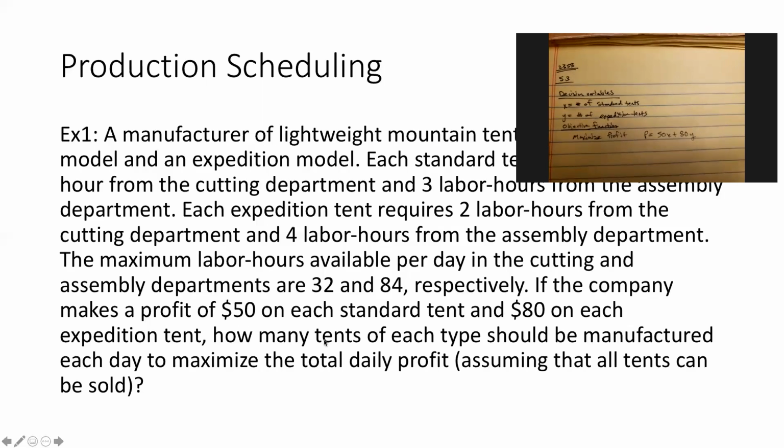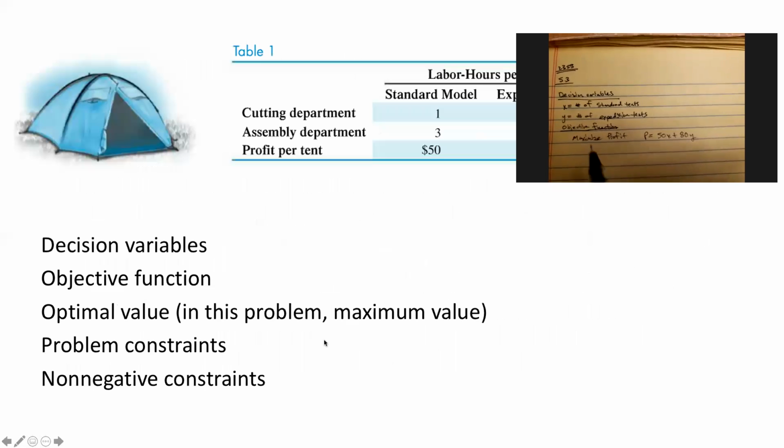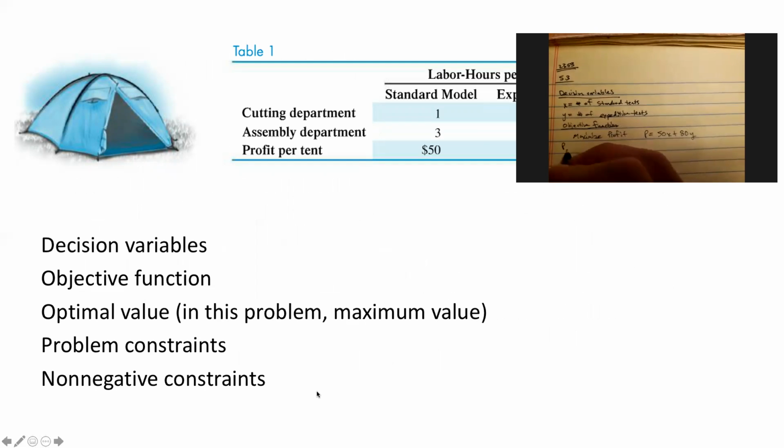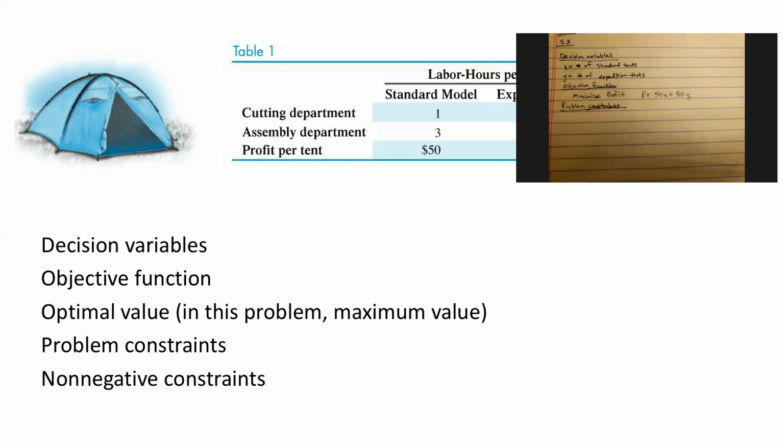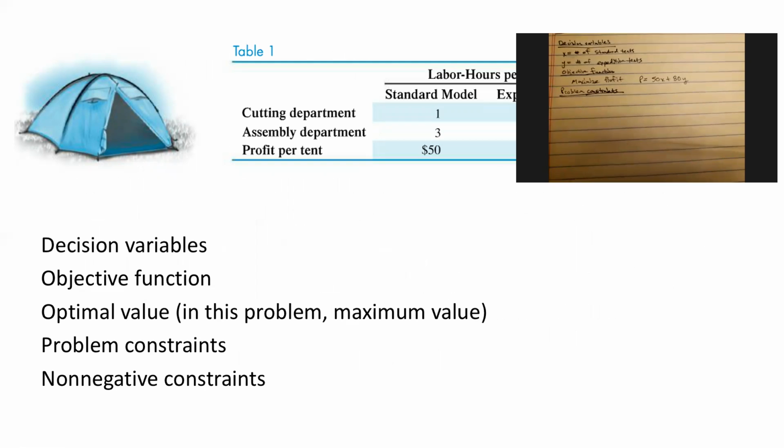We're probably also going to need constraints as well. We've already answered the optimal value, by the way. In this case, we're maximizing, okay? And now we're going to have problem constraints. The problem constraints in this case are going to be that idea of the cutting department and the assembly department, because that's the maximum amount of hours we can work, right?